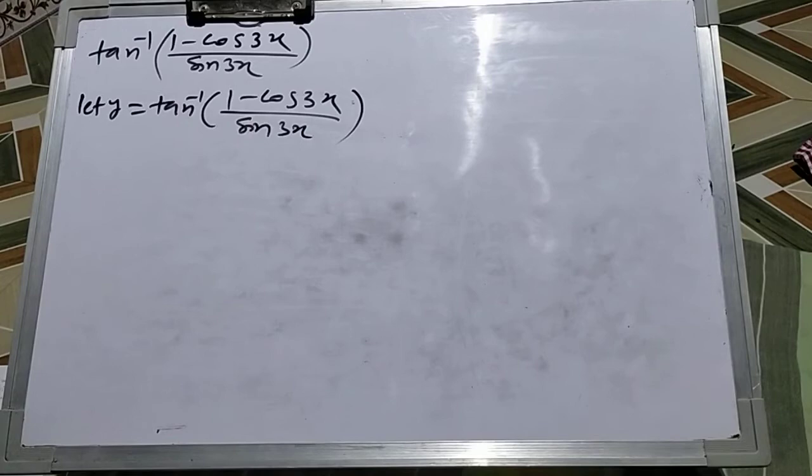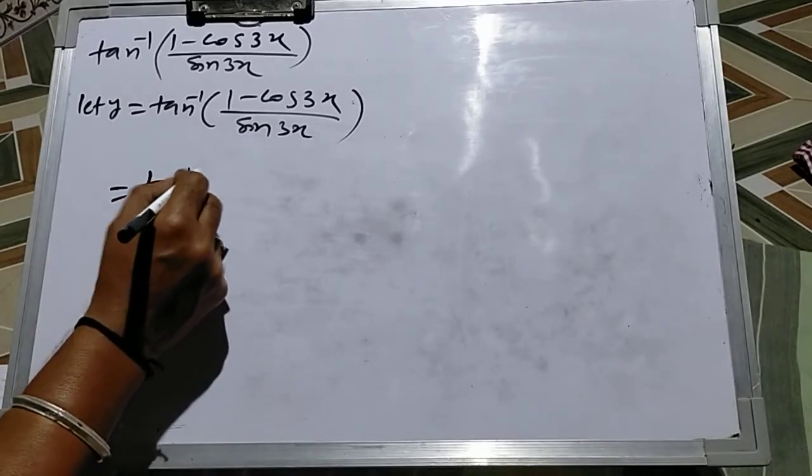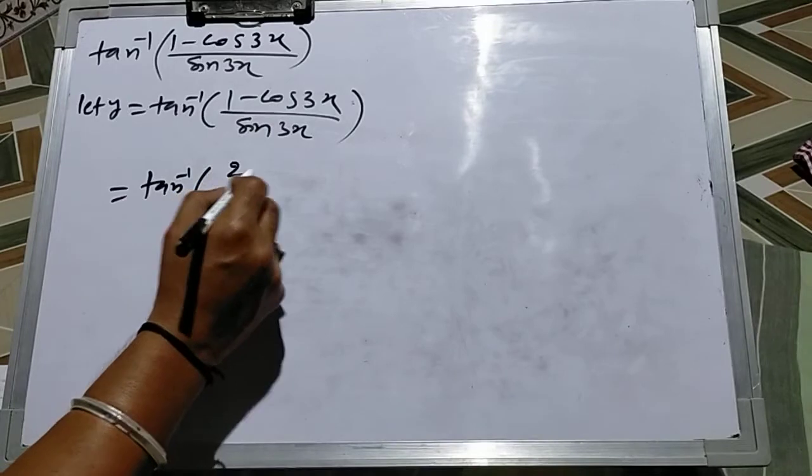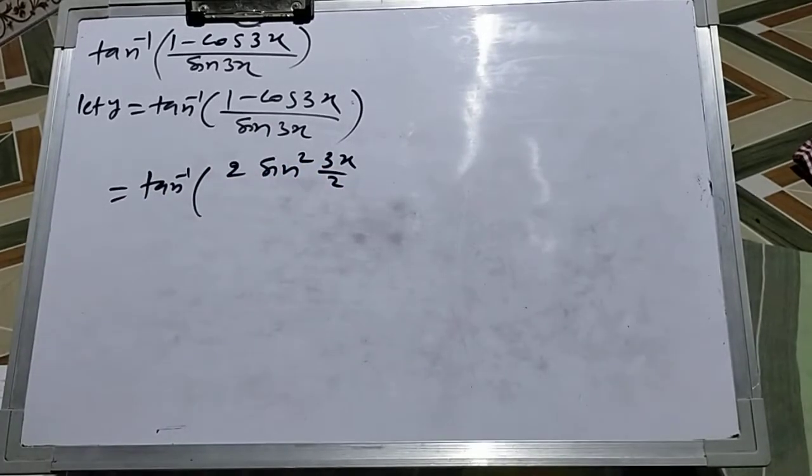The formula for 1 minus cos theta is 2 sin square theta by 2. So this is equal to tan inverse of 2 sin square theta by 2 divided by... the formula for sin 2 theta is 2 sin theta cos theta.